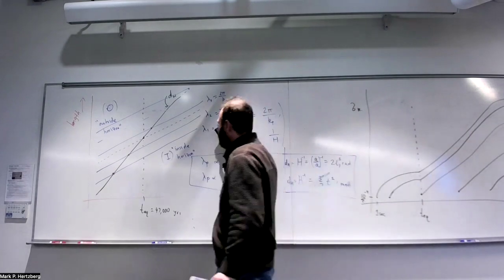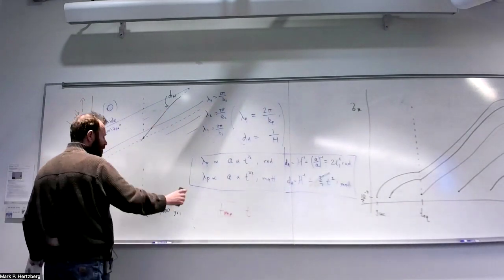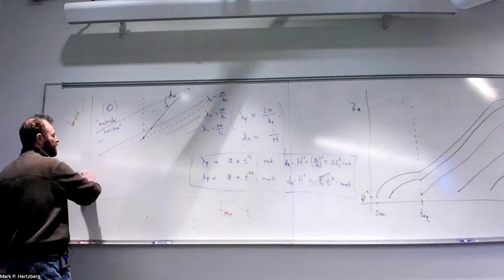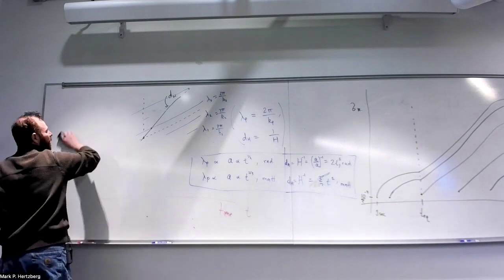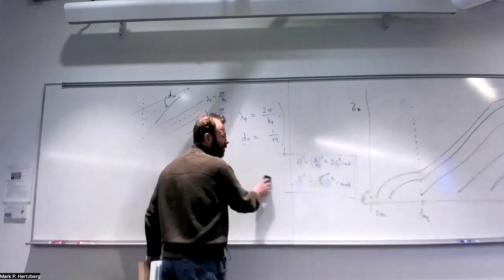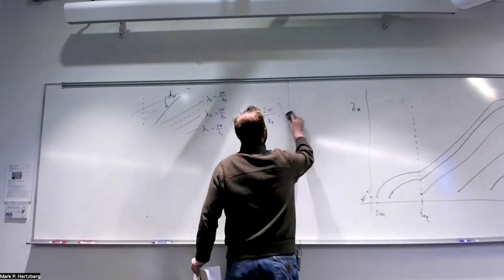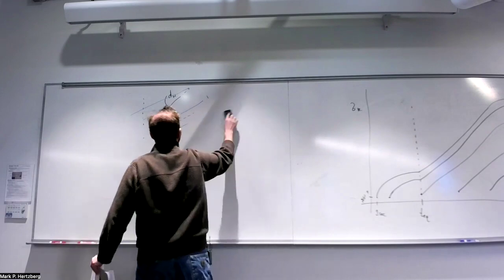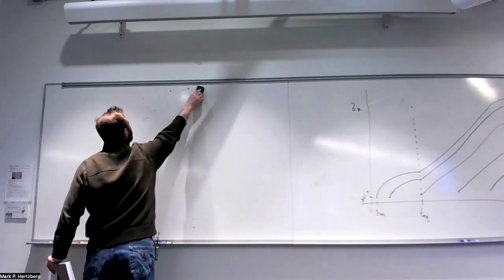So the fact that things are even close to being the same number, like 10 to the minus 4, the fact that that's near 0, or that the temperature of the CMB is almost the same number, 1 part in 10 to the 5, is itself a kind of strange thing.